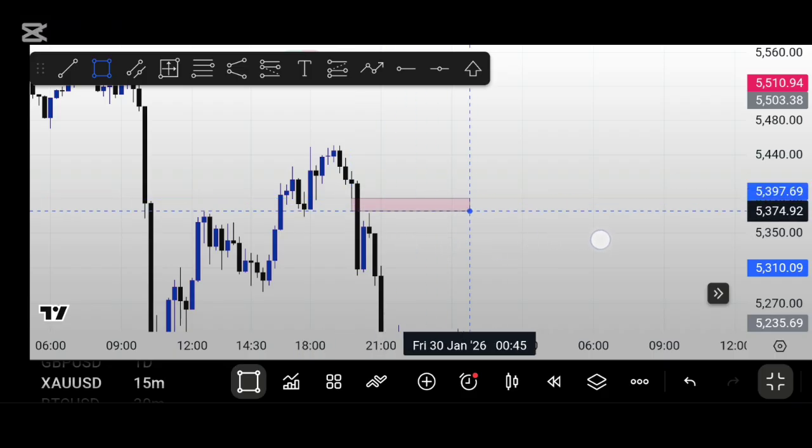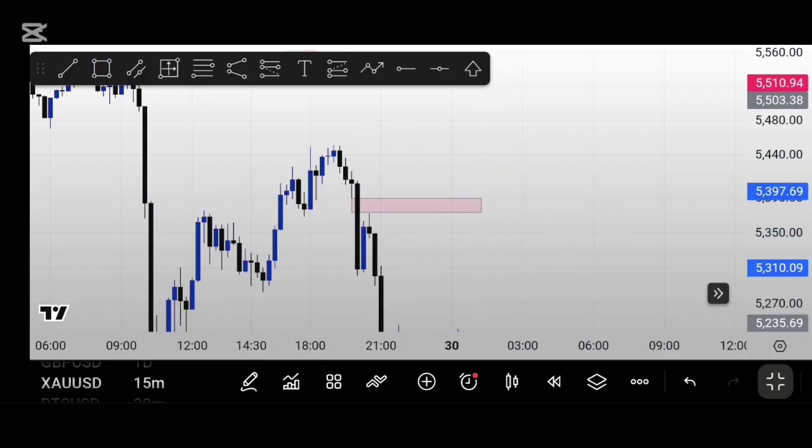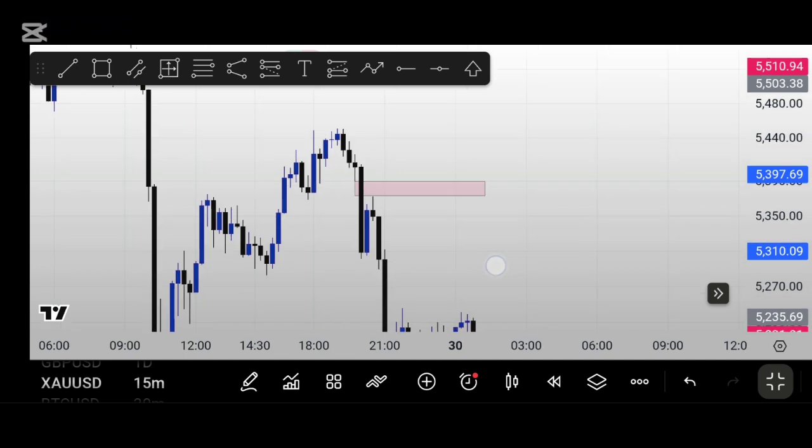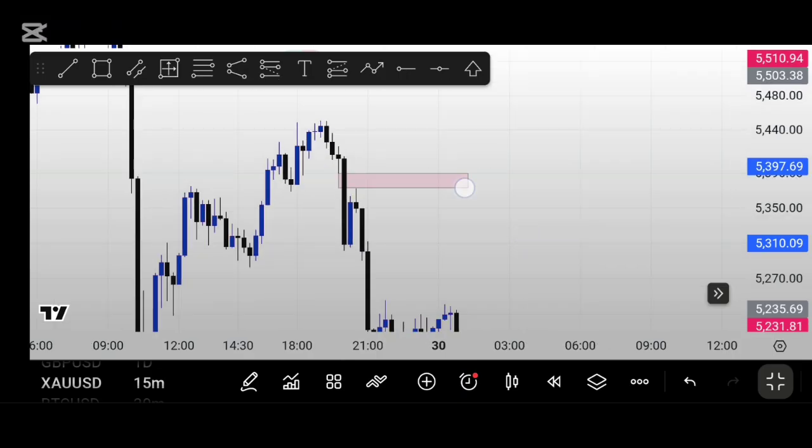This is a fair value gap, you understand? The gap between candles must not be between two candles most of the time, you understand? So this one is an example. This particular one I drew as an example.